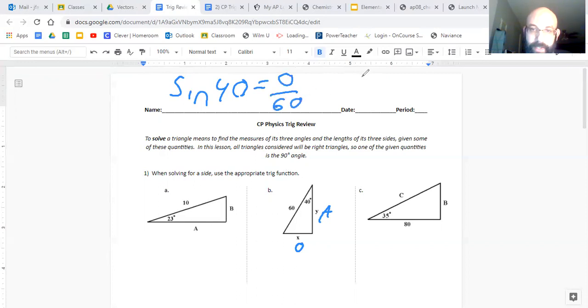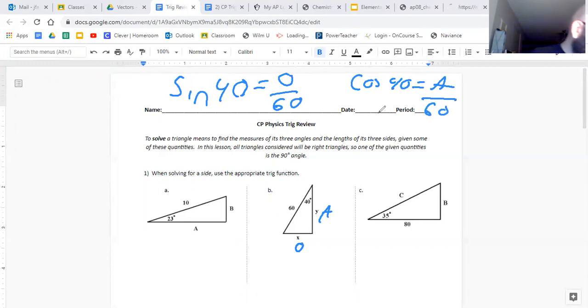And then this one is going to be cosine 40 equals adjacent over 60. And then we get 60 times the sine of 40, which is 38.5. And then 60 cosine 40, and you get 45.9.